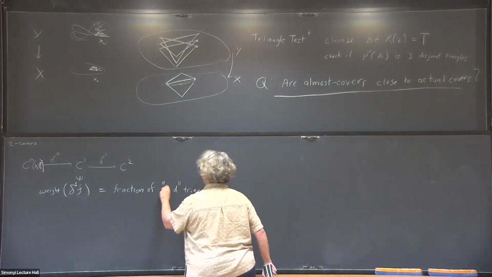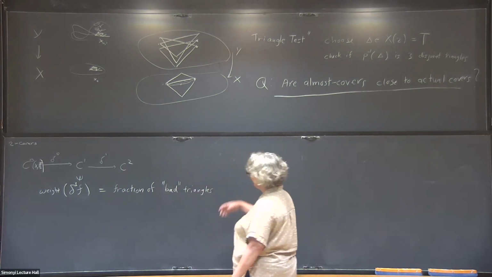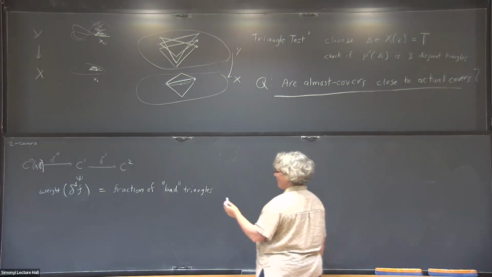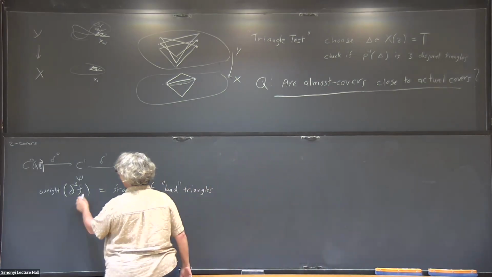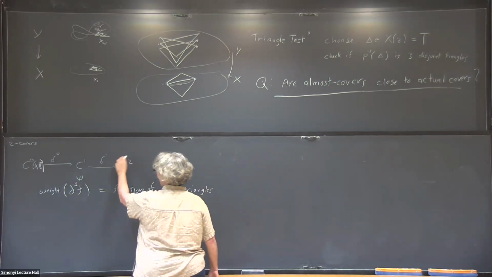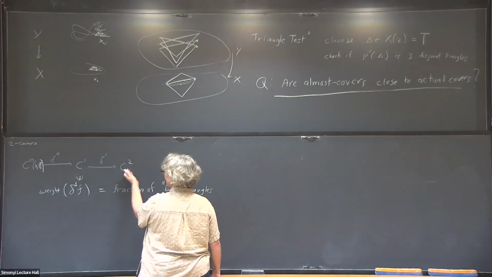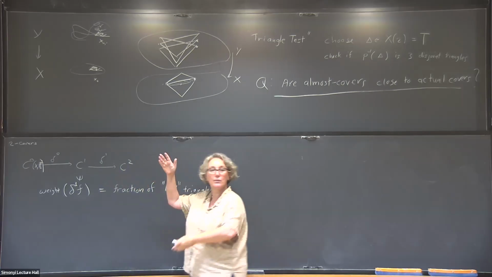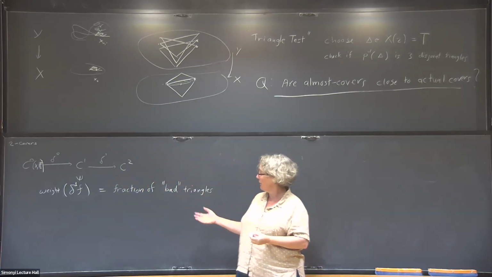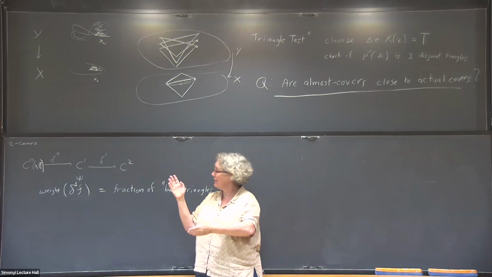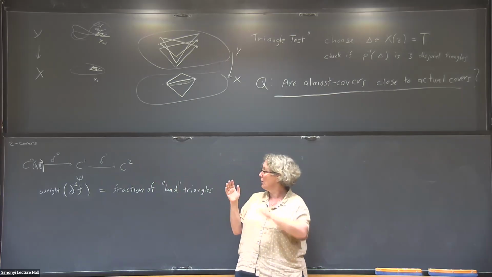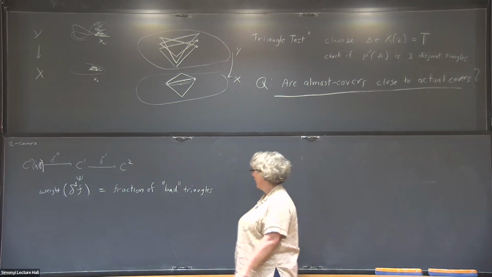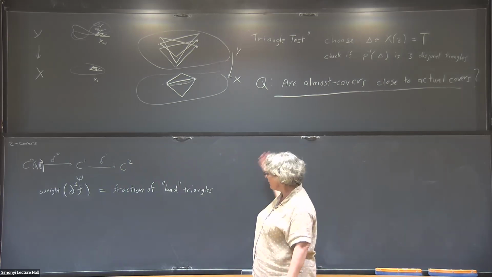The bad ones are the ones that don't close up to a triangle. What is delta 1 of F? Delta 1 of F is a two chain, so it labels every triangle by 0 or 1. And how does it label a triangle? By adding up the values on the edges of the triangle. So it's the fraction of triangles where this doesn't add up to 0 mod 2. So you have an uneven number of crossings and then you don't line up. Okay, so what is my question?